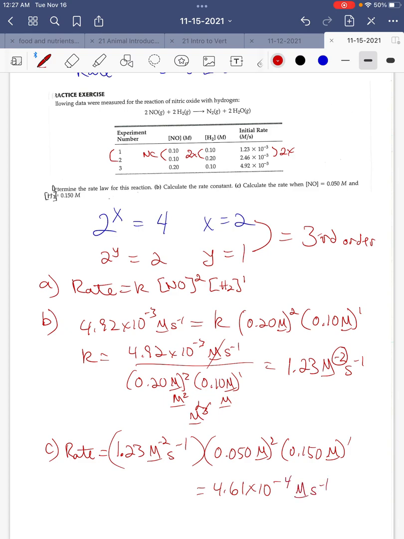Moles per liter per second. 4.61 times 10 to the minus 4 moles per liter per second.